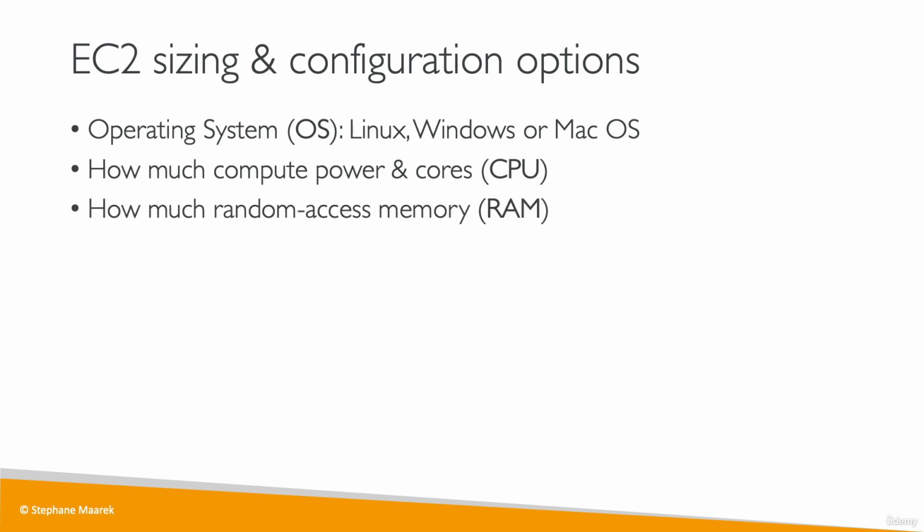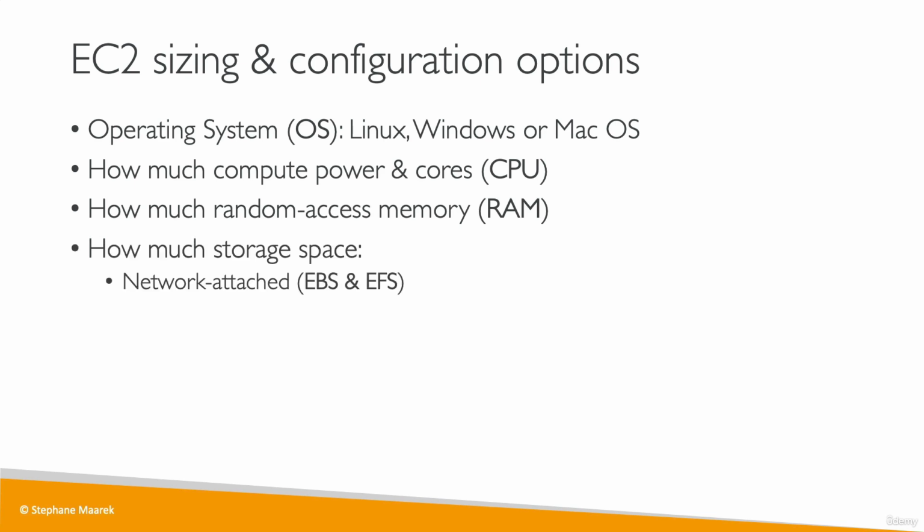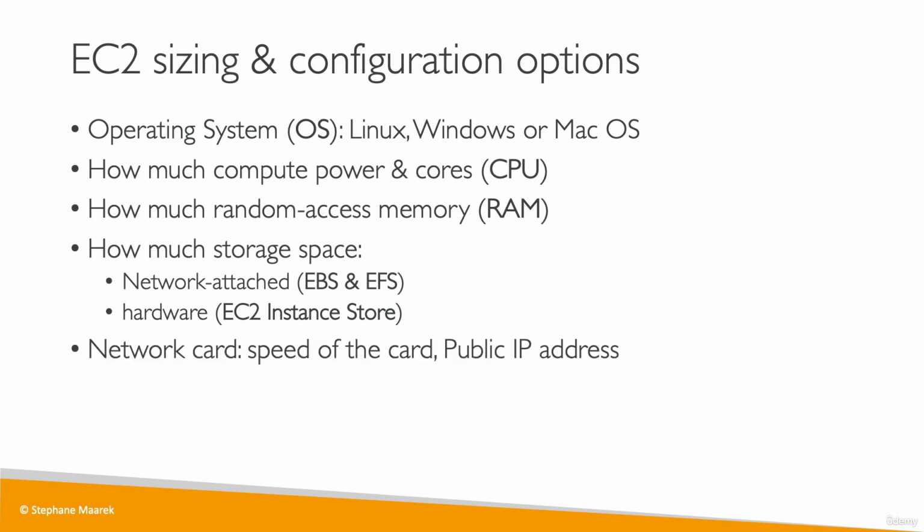Then you need to choose how much random access memory or RAM you want, and how much storage space. So for example, do you want storage that's going to be attached through the network? And we'll see about it with EBS or EFS. Or do you want it to be hardware attached? In this case, it will be an EC2 instance store, and with a whole section on storage, so don't worry about it. And then finally, the type of network you want attached to your EC2 instance.